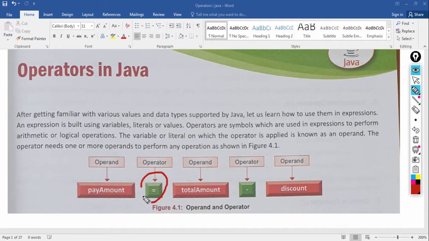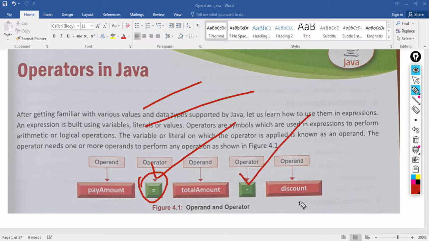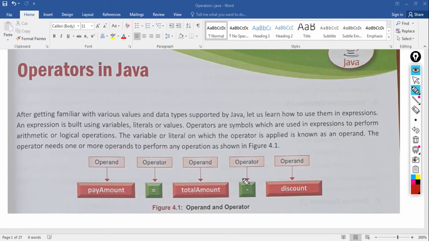One is this assignment operator. Equal to is known as the assignment operator. And here we have the minus operator. For this minus operator, we have two operands. One is total amount and the other one is discount.